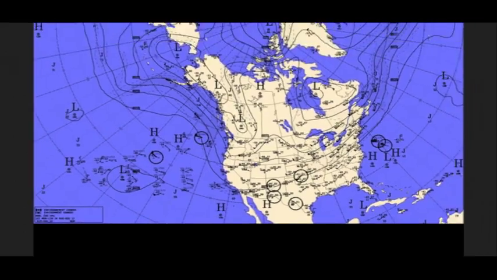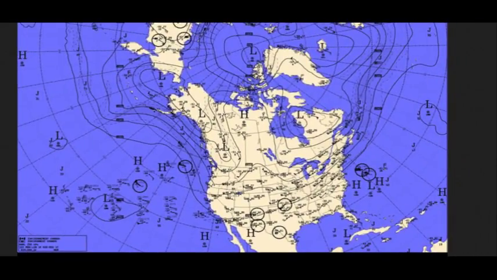250 millibar chart looking like this right here. Okay, we see something a little bit different here. We've got an omega block, kind of like the Greek letter omega. And that's kind of a self-reinforcing pattern because you can see that the flow goes to southerly latitudes, dips into some of this warmer air, advects it northward, which builds the ridge.